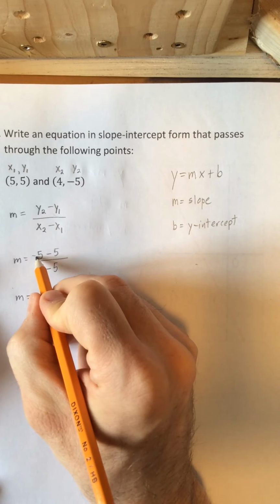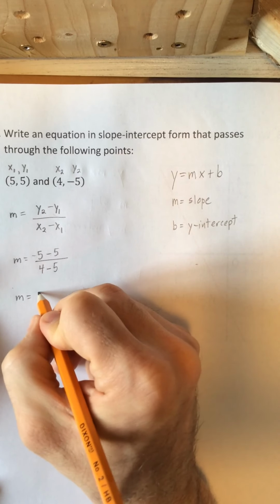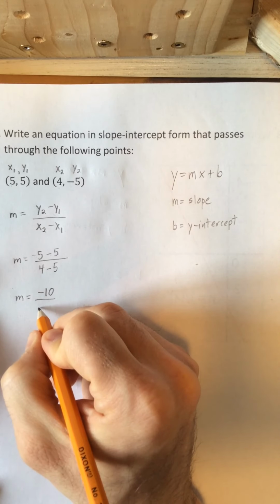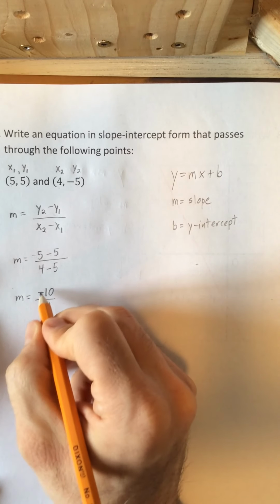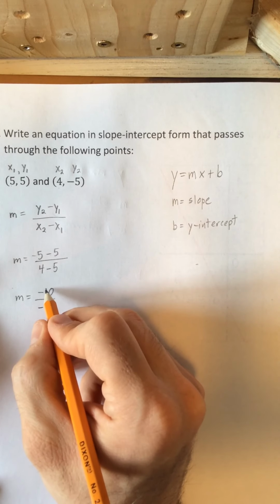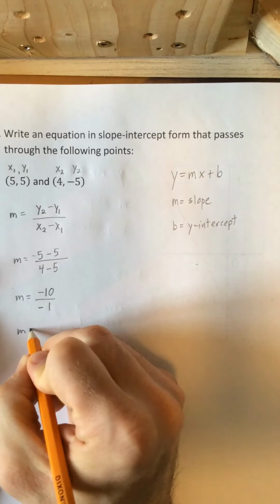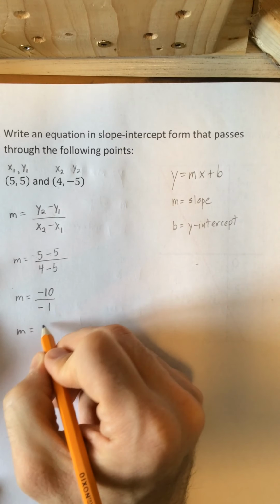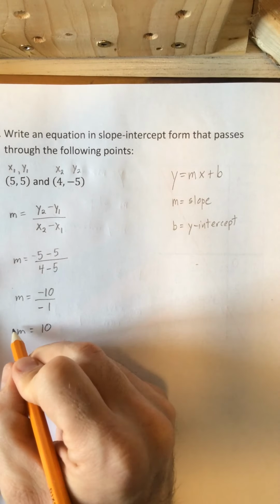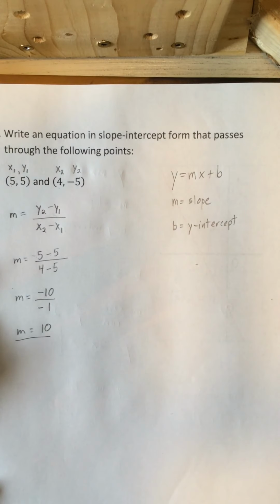Now, if we subtract these, -5 subtract 5 is -10, and 4 subtract 5 is -1. When we simplify this, -10 divided by -1 is 10. This is the slope. So we know this part of the equation.